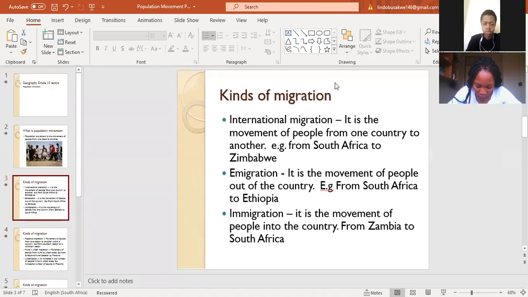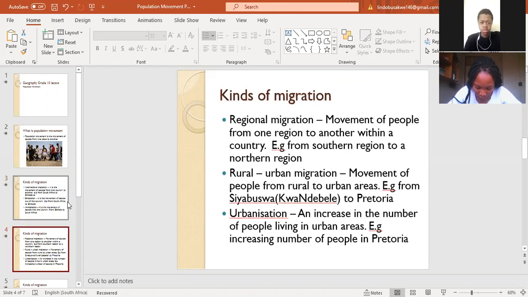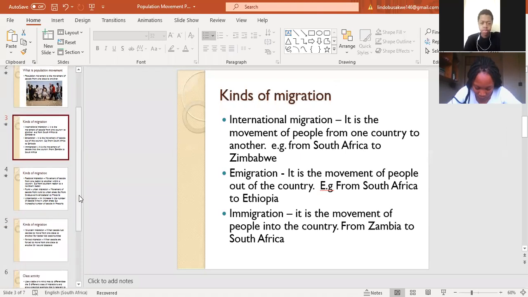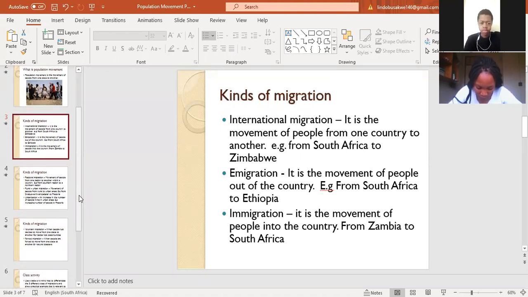Yes. Can I ask about regional migration? Can you also call it provincial migration, or is it not the same? Remember that the region and the province are different things. It cannot be called provincial migration, because when we talk about provincial migration, we're specifically talking about people moving from one province to a different province.